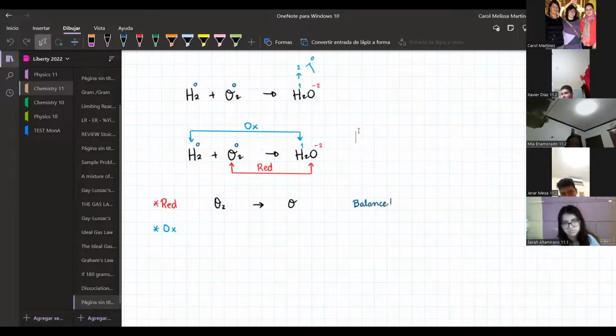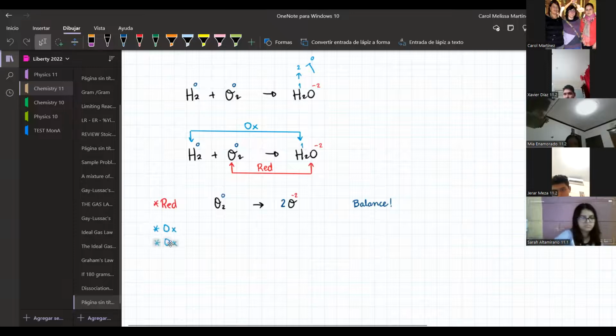We need to balance because in the reactants, we have 2 oxygens. In the products, we have just 1, okay? So to balance, I need just to put 2 in front of oxygen. We don't forget about the charges. The initial charge was 0 and after was -2. So we are also going to balance these charges.